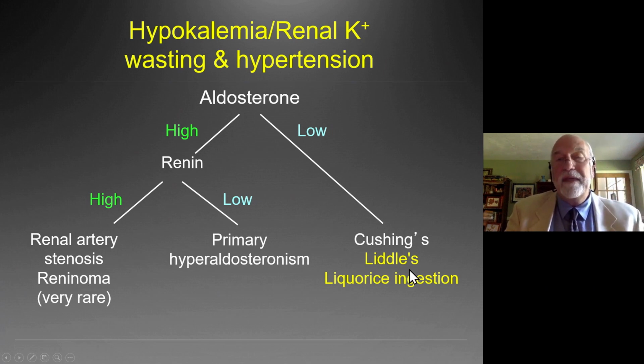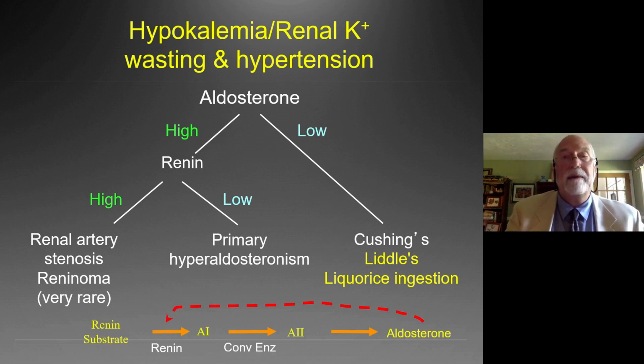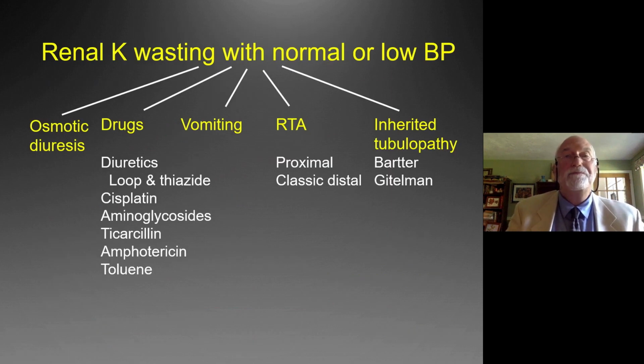And then a variety of things that mimic this but don't elevate aldosterone, such as activating mutations in that epithelial sodium channel, Cushing's syndrome, and other disorders that affect cortisol metabolism. This is that pathway that I showed you previously, where normally a high aldo will suppress renin. And if you have autonomous aldo production, you will see that with primary hyperaldosteronism.